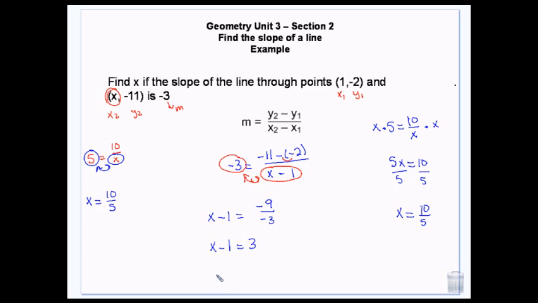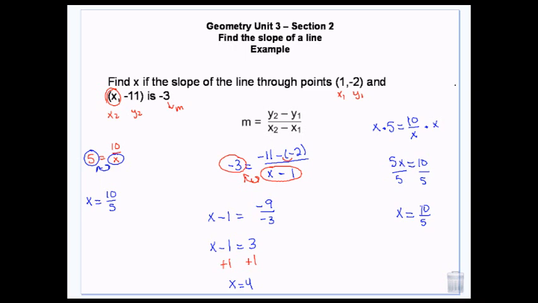Is this another problem? This is this problem. Oh, it's still the same problem? Yeah, I just took the negative 11 and I plus 2 to give me the negative 9. And then I switched these to give me that negative 3 there. Negative 9 divided by negative 3 is positive 3. Add 1 to both sides. And x equals 4.